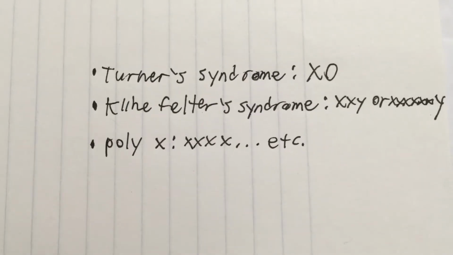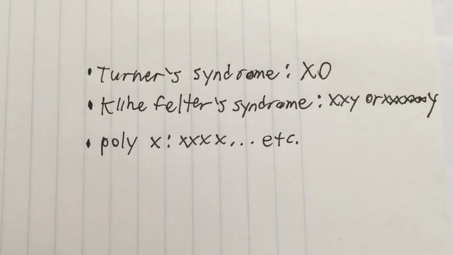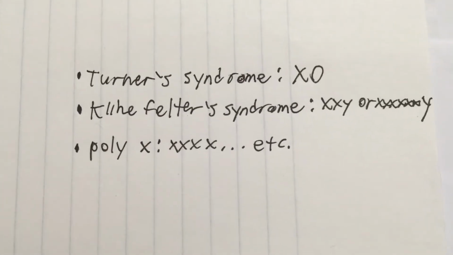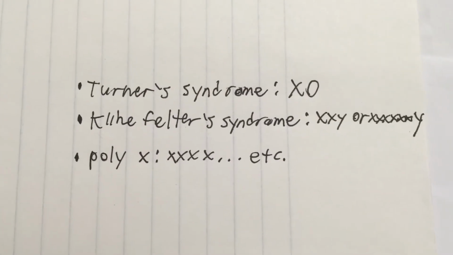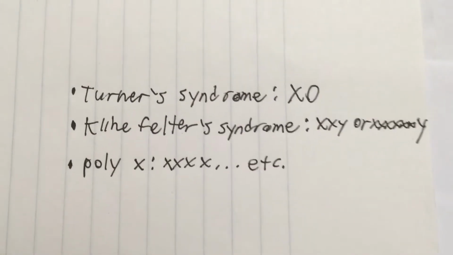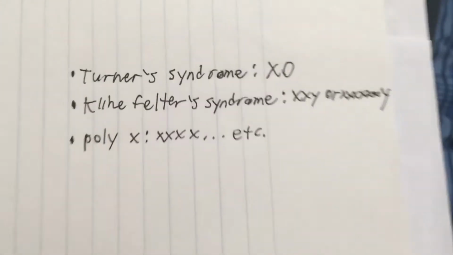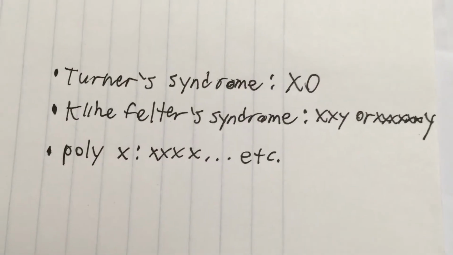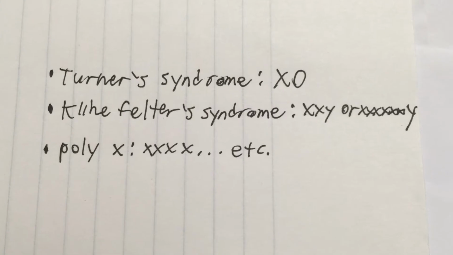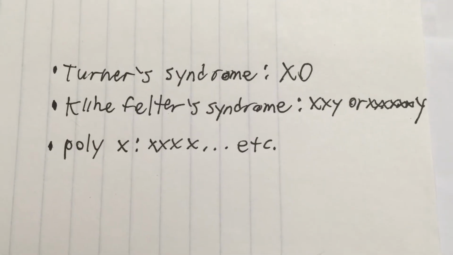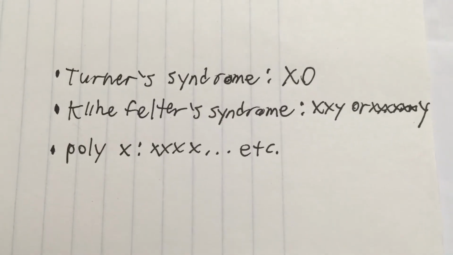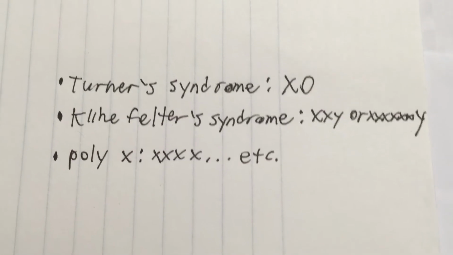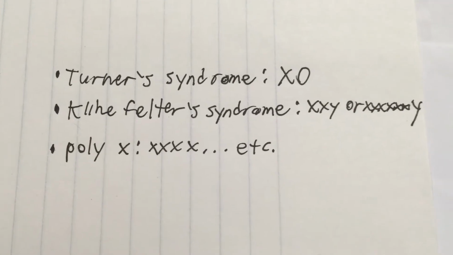Now here we have three different cases that are pretty fascinating, and they're actually kind of rare. Turner syndrome is the first one, in which you only have one X chromosome. Unlike if you were to have only one Y chromosome, where the fetus would die, with one X chromosome you can still survive, and it accounts for 1 in 3,000 female births.